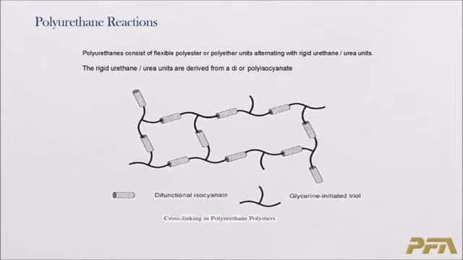This is really not drawn to scale here. But the most common isocyanate for flexible foams is TDI, so it's a difunctional material. The most common polyol is a glycerin-initiated one. So you can see that most of the linkages for that polymer network are created through the polyol side rather than the isocyanate side.